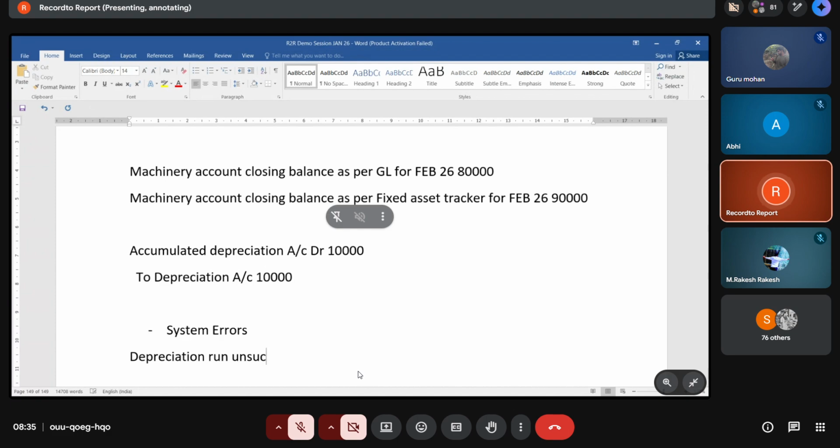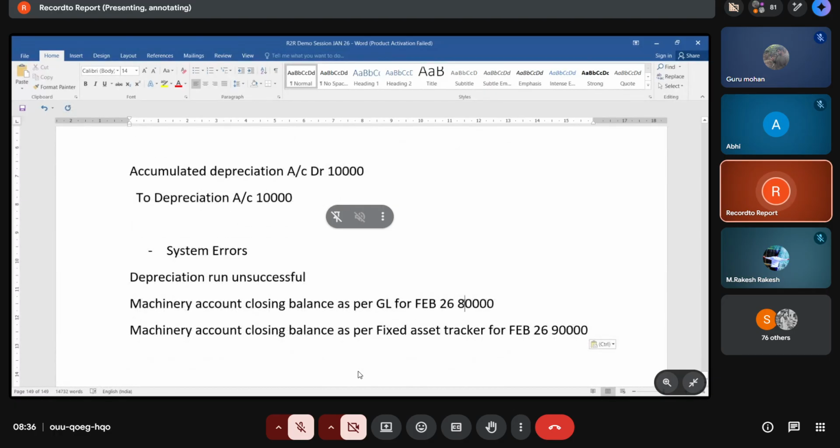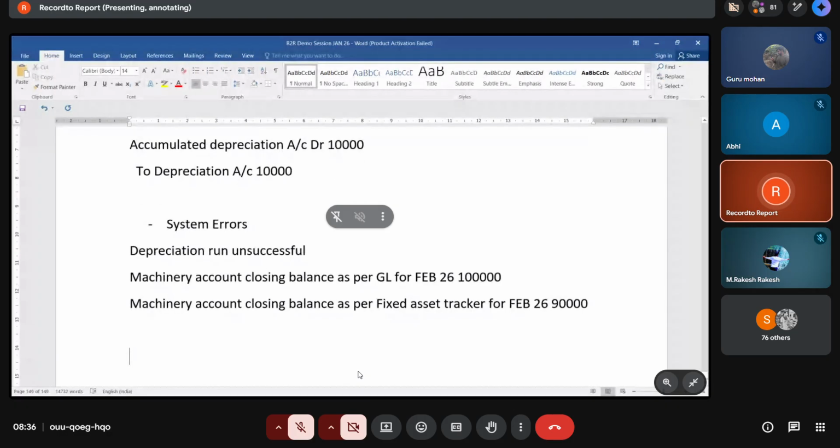Due to that, for example, in the general ledger it is showing 1 lakh rupees, but in the fixed asset tracker it is showing 90,000, because the depreciation run was not successful. Due to that we end up with balance differences.